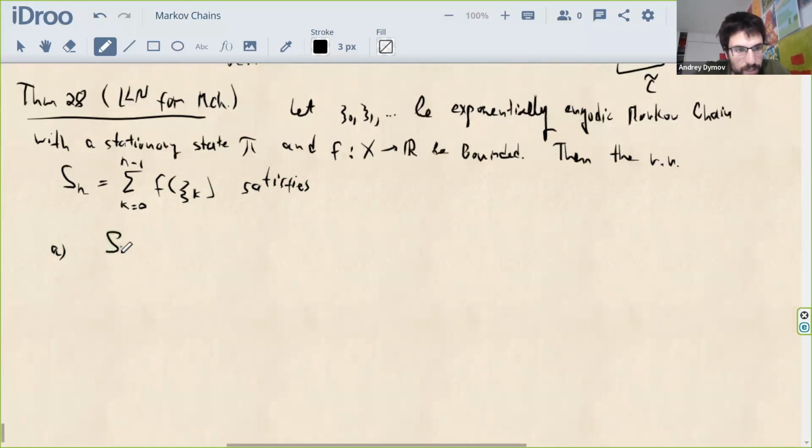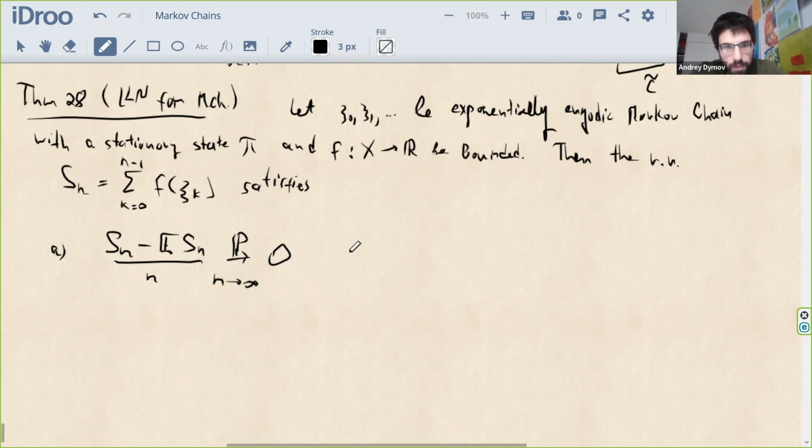The first one is the same as for the classical law of large numbers: the centered random variable Sn normalized over n converges in probability to 0 when n goes to infinity.